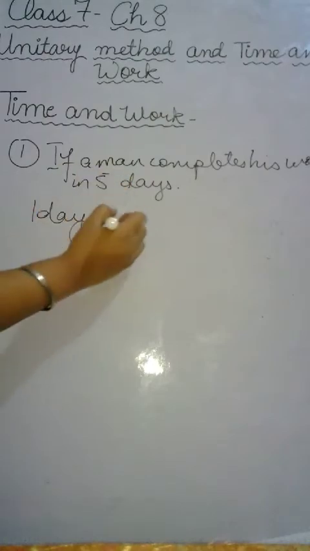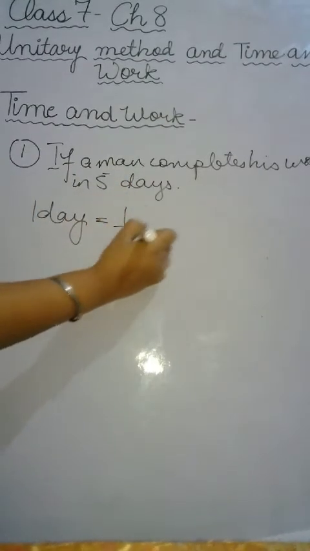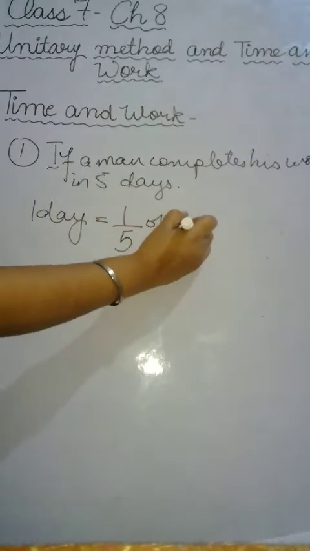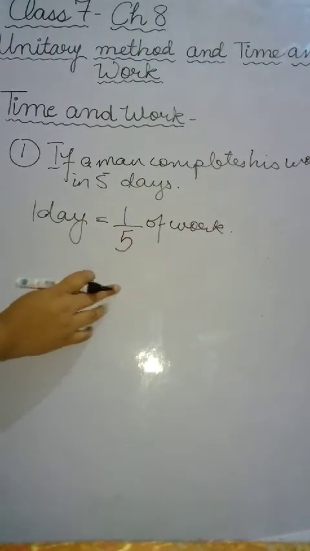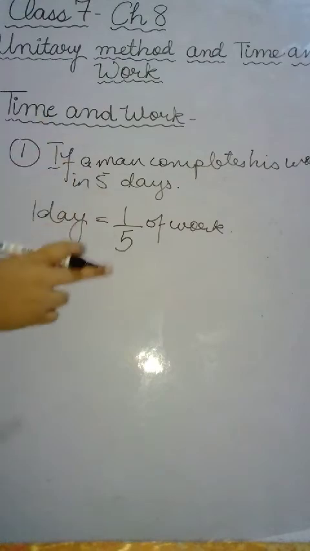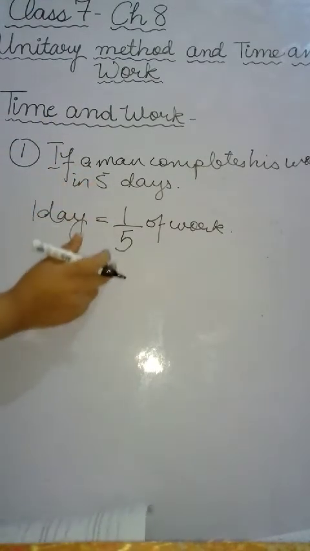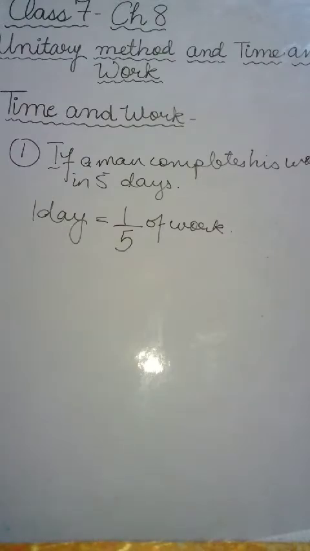In one day he is going to do 1 upon 5 of the work. Okay, this is the first thing. In 5 days he is completing his work, so in one day he completes 1 by 5 of his work.